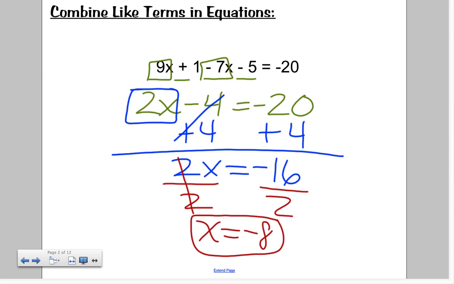I want to ask you, when we plug our x back in for the check, do you think we plug it in here or the top? Which one do you think? What's your gut instinct tell you? Bryce? The top. Why?